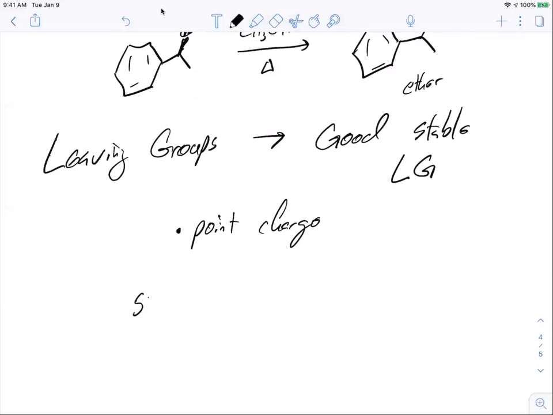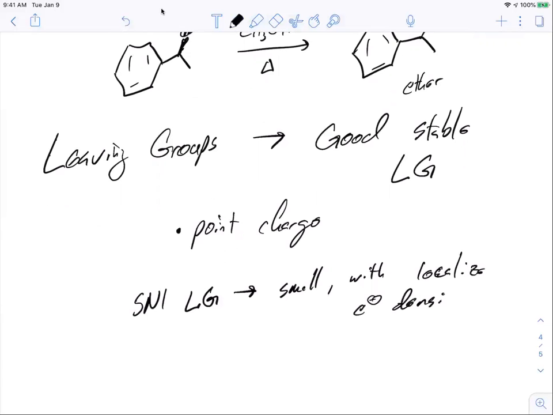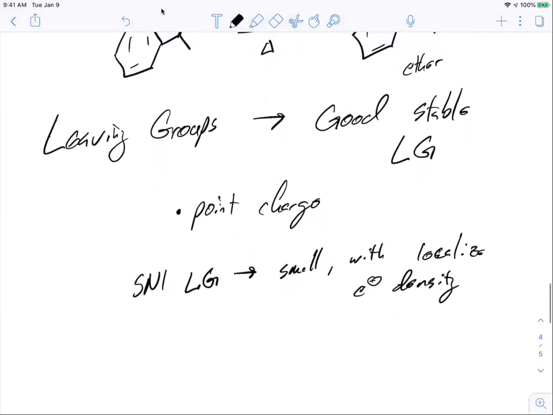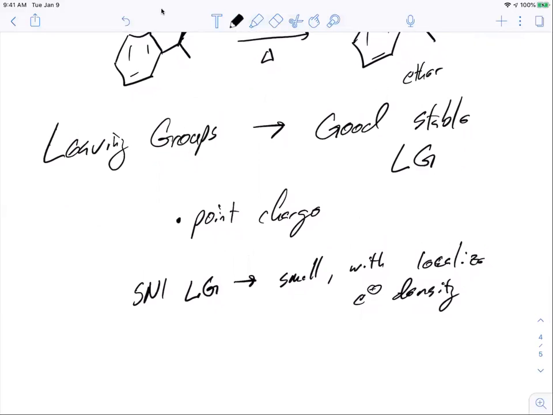So if we looked at an SN1 leaving group, something that's small with localized electron density would favor an SN1. They don't put this in most modern books because there's a lot of exceptions to this.